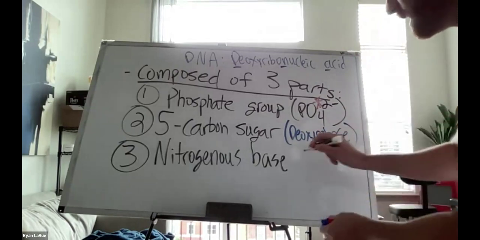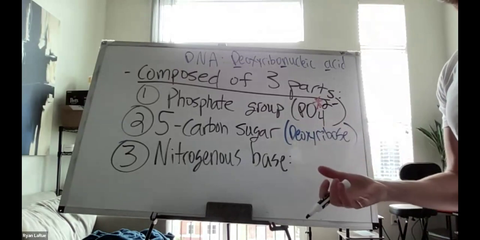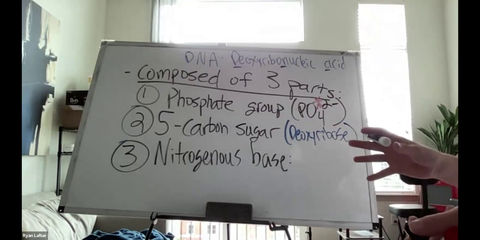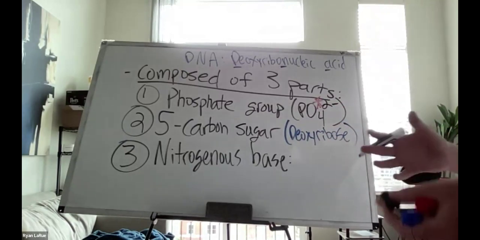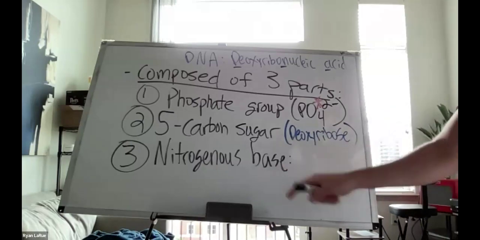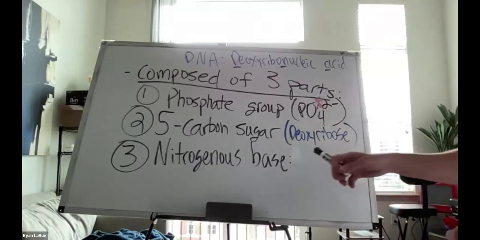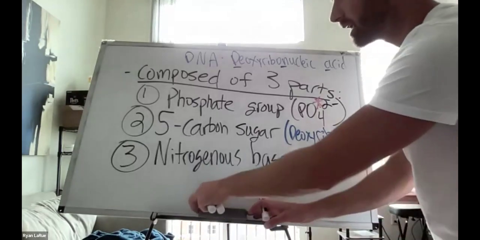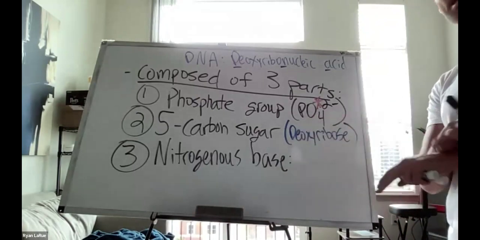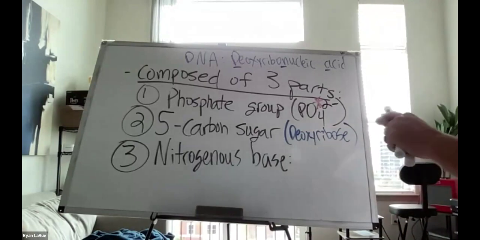But in DNA, there's 4 different varieties of nitrogenous bases that you can choose from. So there's really 4 different nucleotides to choose from based on the base. And so I'm going to, again, color code the nitrogenous base that is unique to DNA. You wouldn't find it in any other nucleic acid like RNA. But there's 4.